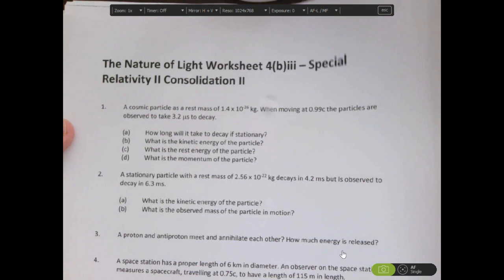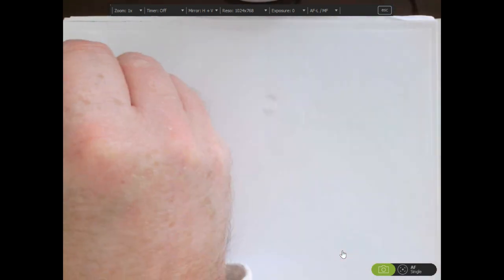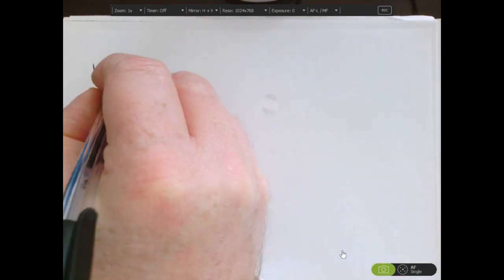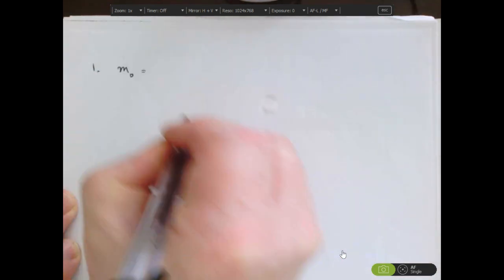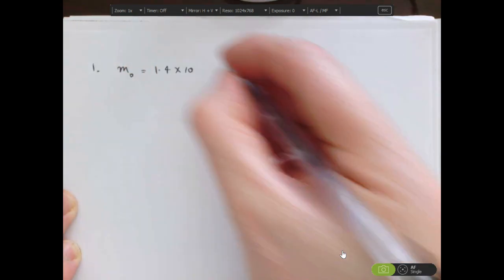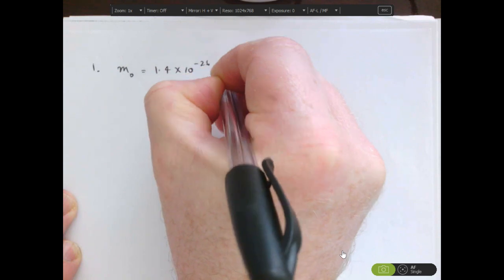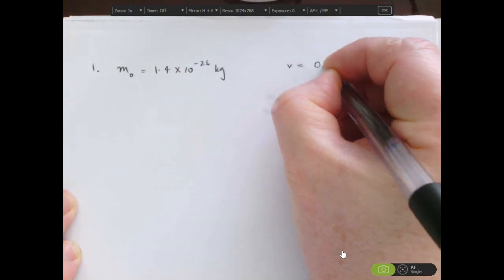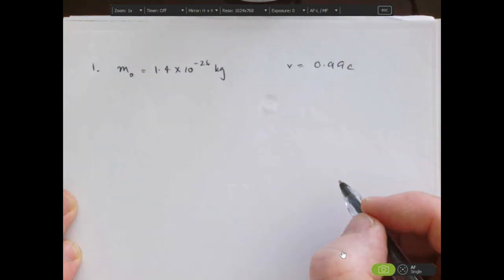Okay, so let's start. Let's just write down all of the information that we know. The rest mass, which is m0, is equal to 1.4 by 10 to the minus 26 kilograms. The velocity that it's traveling at is 0.99 c.